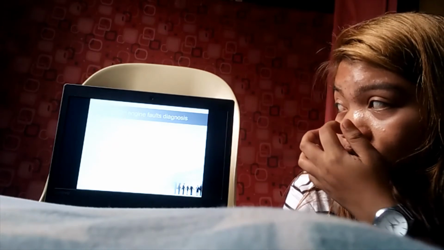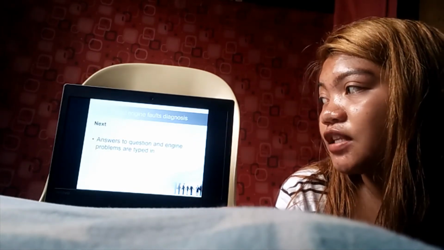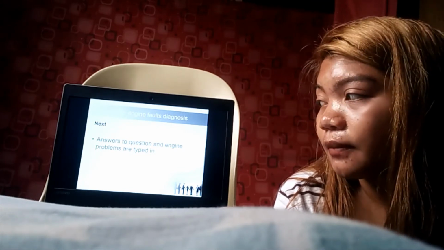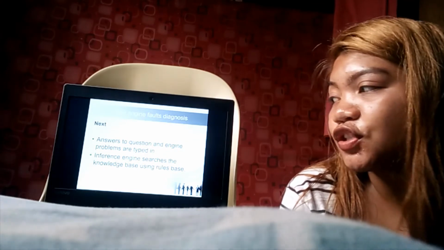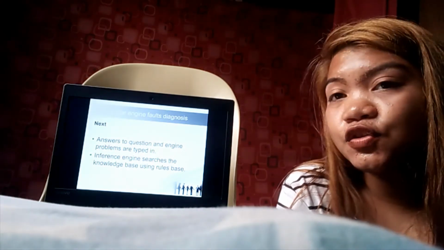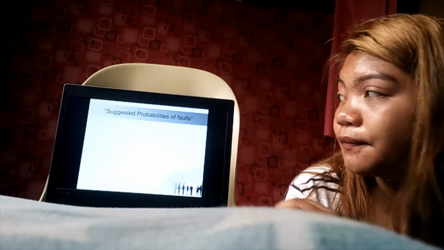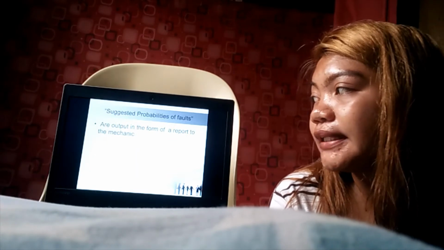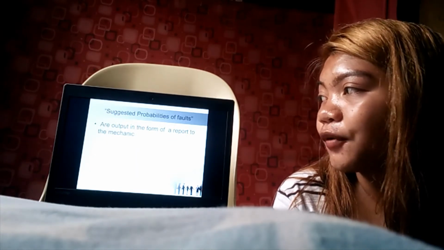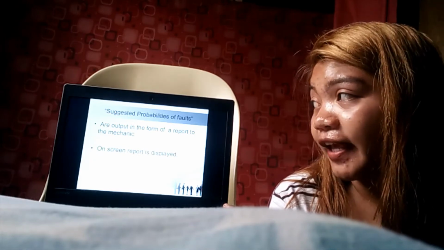Next, the answers to questions about engine problems are typed in. The inference engine searches the knowledge base using the rule base. Suggested probabilities of faults are output in the form of a report to the mechanic. An on-screen report is displayed.